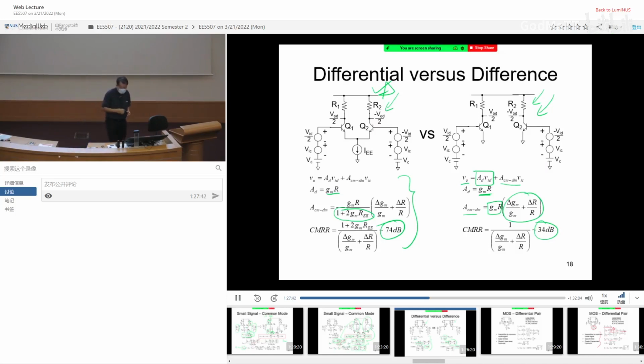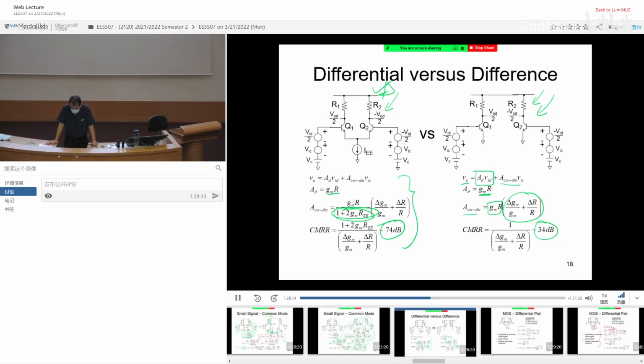That is one reason. Another reason is that people find the current source, although good, might not be that effective, because with very advanced technology, the output resistance is dropping. So with the output resistance dropping, what you get from here, the common mode degeneration, is not that much higher compared to the difference circuit. Another consideration is that you're introducing noise.